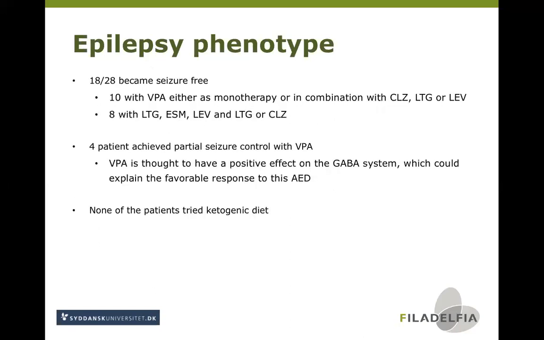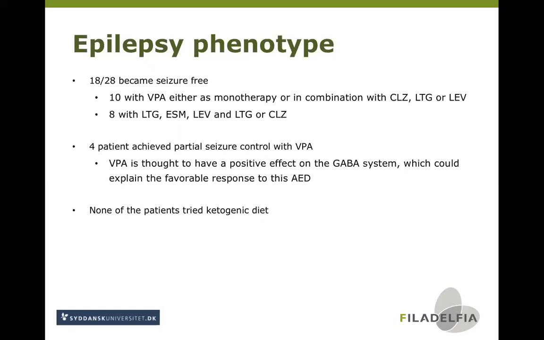Quite a lot became seizure-free, 18 out of 28, and interestingly, 10 of them became seizure-free with valproic acid, either as monotherapy or in combination. And 8 became seizure-free with other anti-epileptic drugs. Furthermore, 4 patients achieved not seizure freedom, but partial seizure control, also with valproate.